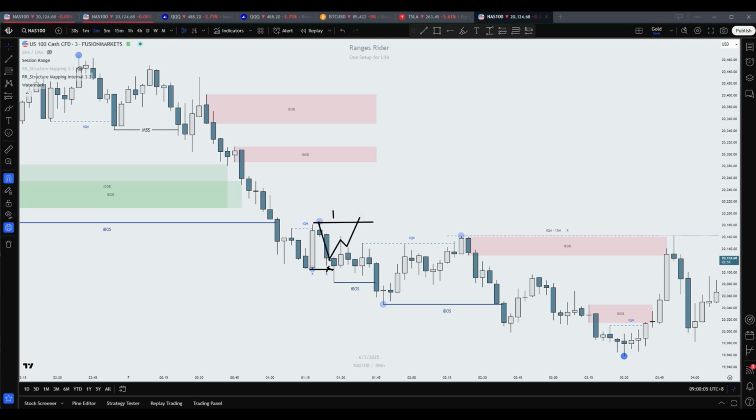And once we have the market structure shift, then once the price comes down, from any order block we can buy like this, okay? But we are sellers here at the first attempt, and if it fails here, then we are looking for the market structure shift, okay?